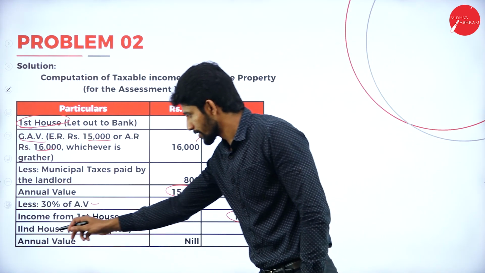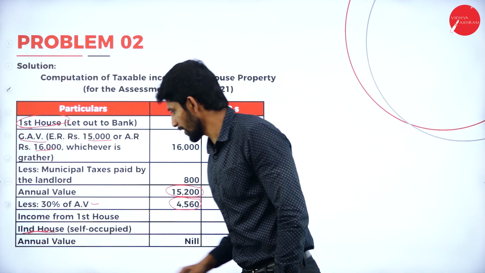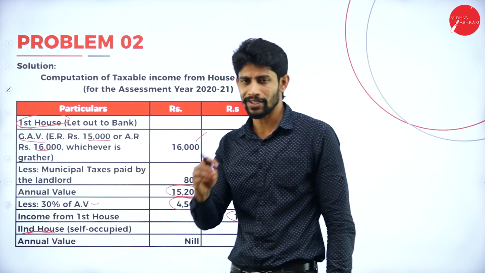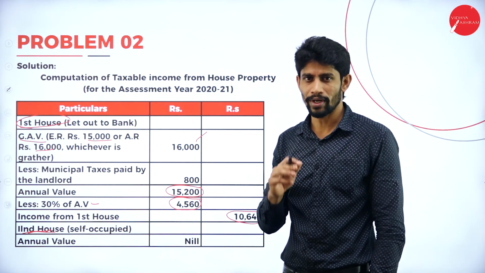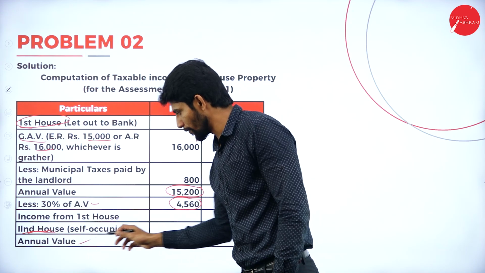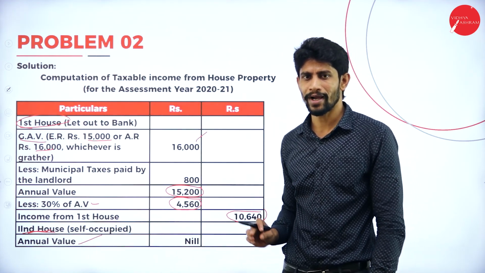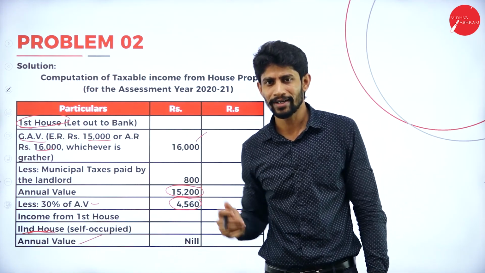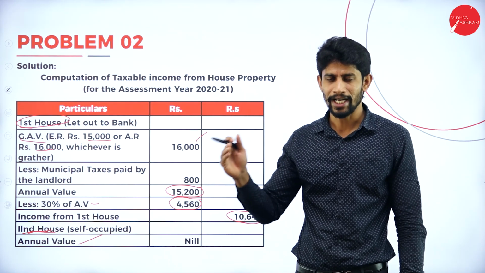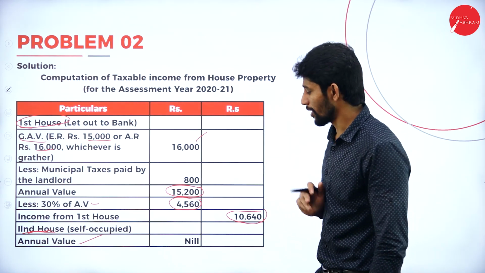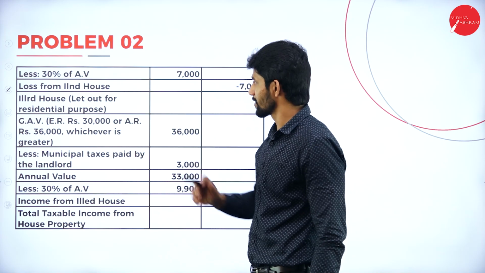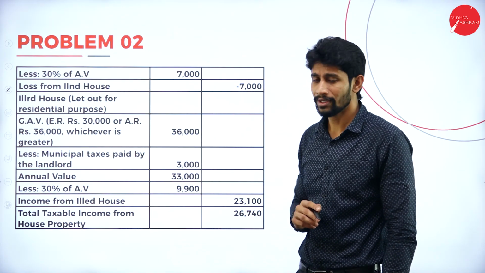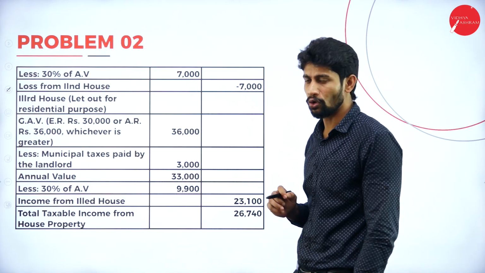Next, second house. Second house is self-occupied, it is occupied by the owner. So what is the format? Directly we will go with annual value. Annual value is nil because he is not receiving any rent. Next, less 30% of annual value. In that, interest on loan is given.